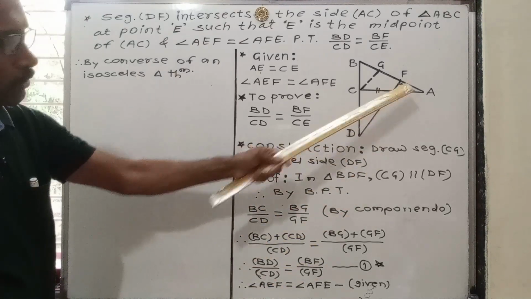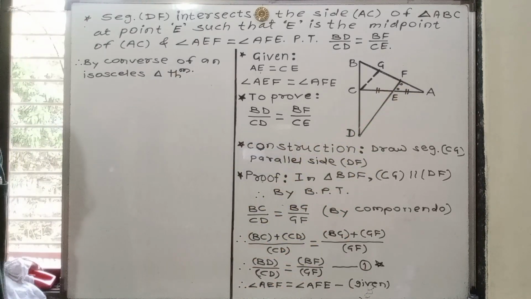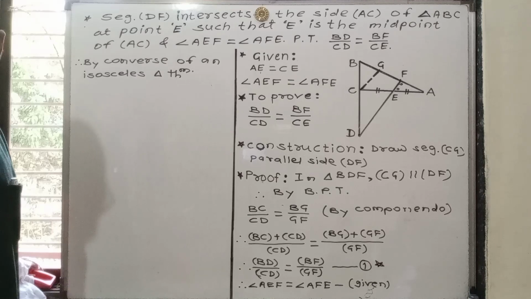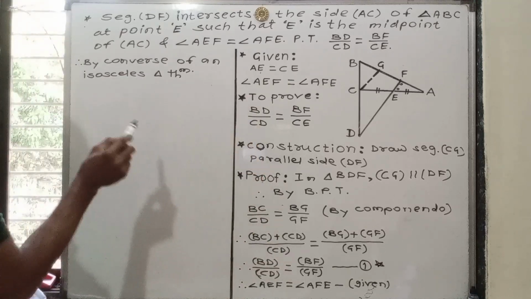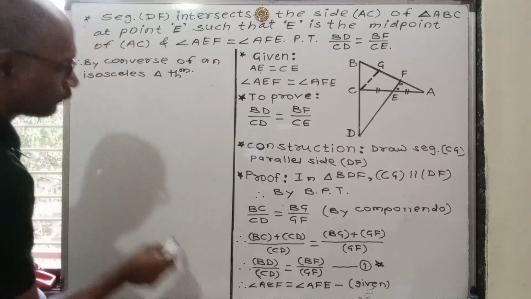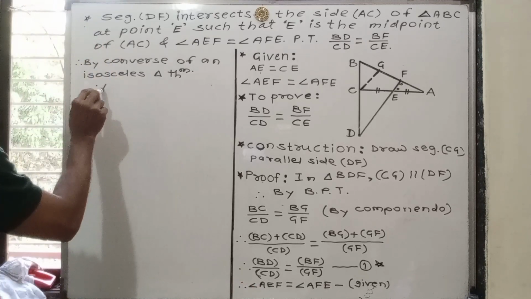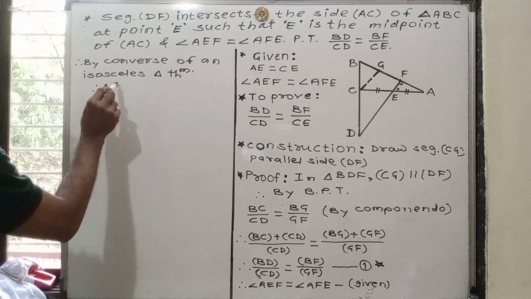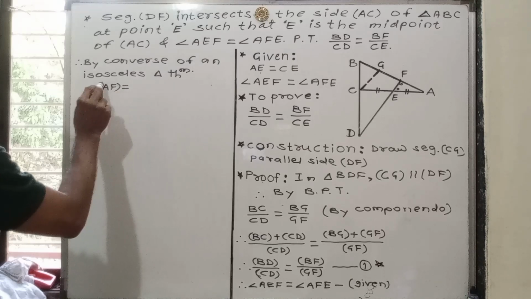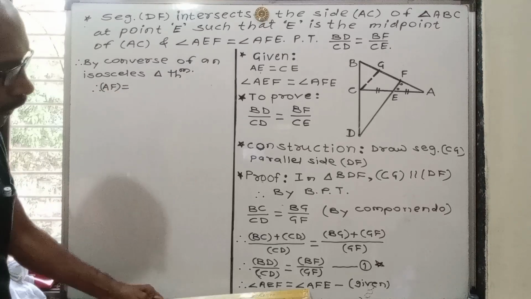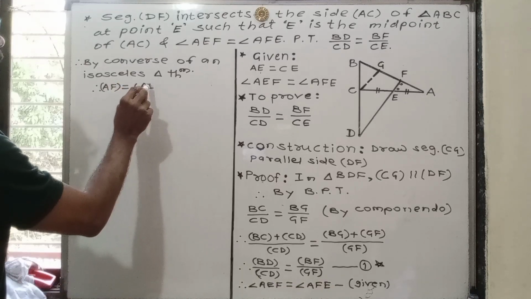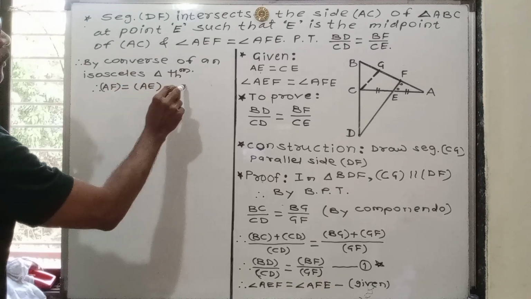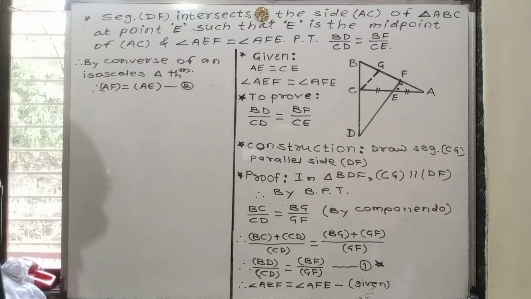If angles are congruent, then opposite sides are also congruent or their lengths are equal. Therefore, AF is equal to AE, opposite sides. This is our equation number 2.